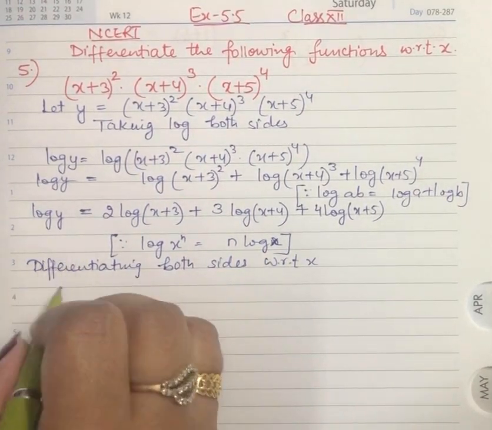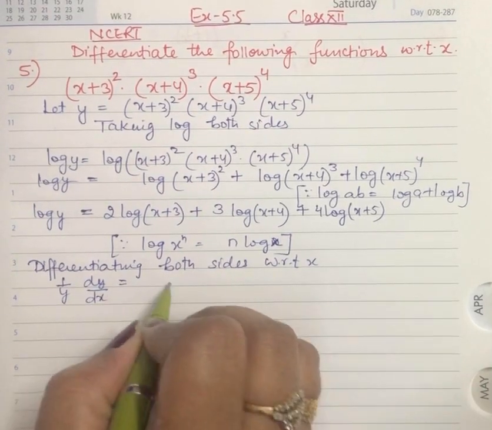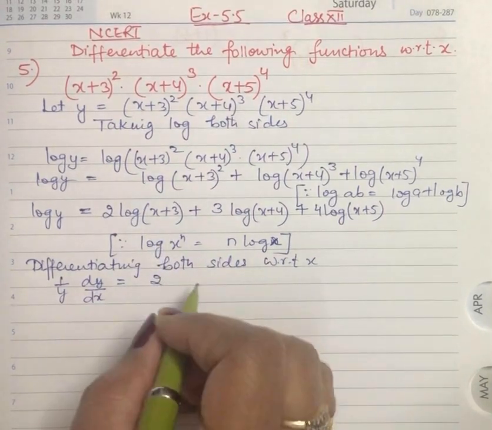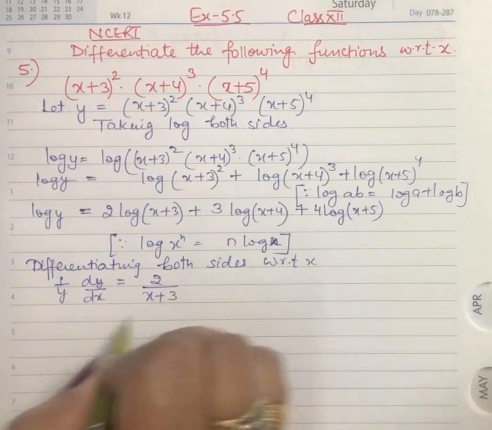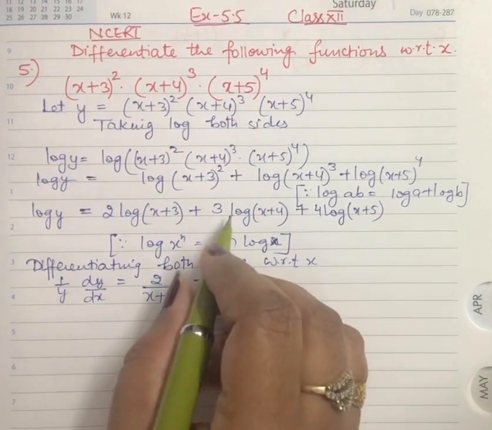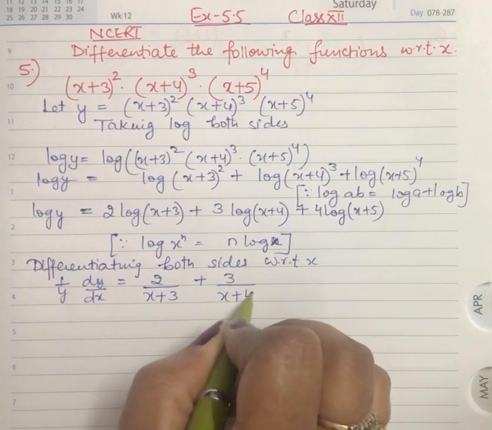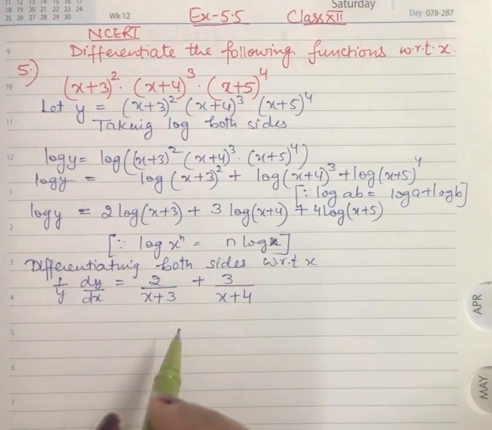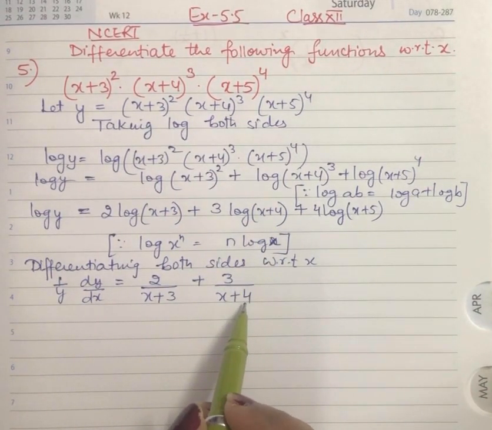So what we get? 1 by y dy by dx equal to 2. Now the differentiation of log (x plus 3) is, 2 is constant, so 2 upon (x plus 3). Next, plus 3 upon (x plus 4), because the differentiation of log (x plus 4) is 1 upon (x plus 4).